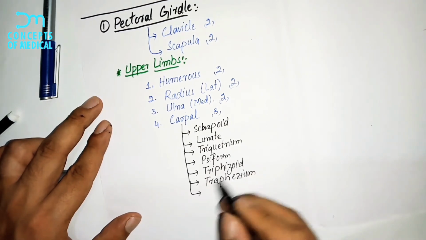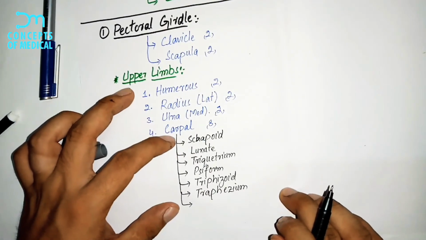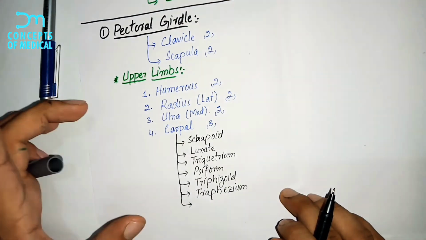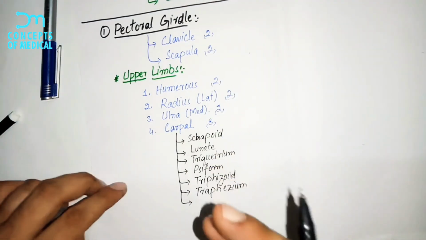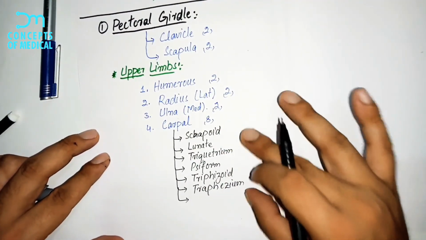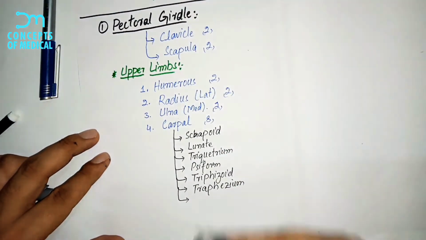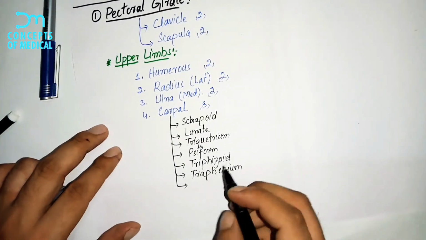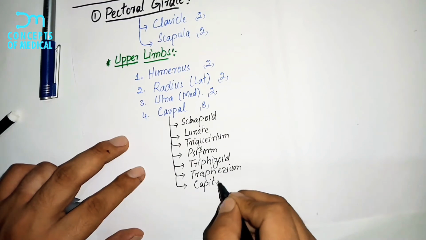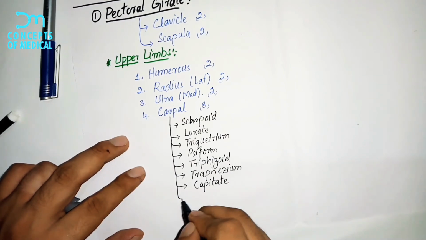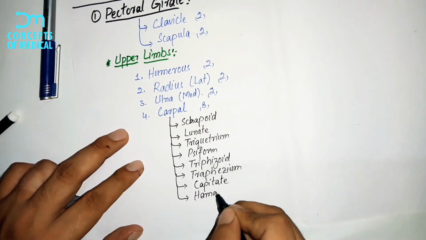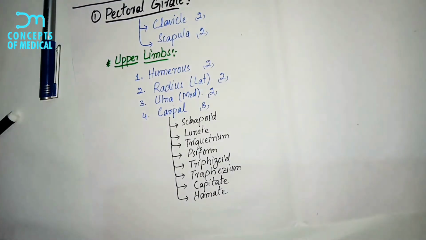I'll make another video about mnemonics for all the bones, on how to memorize them very fast by mnemonics and by fingertips. So, trapezium, and the next one is the capitate, and the last one is the hamate. So these are 8 in number.